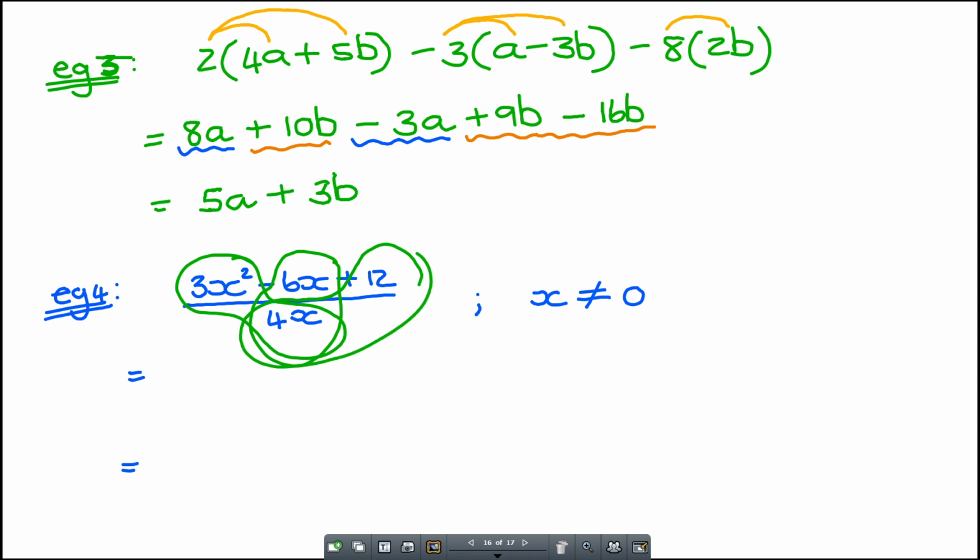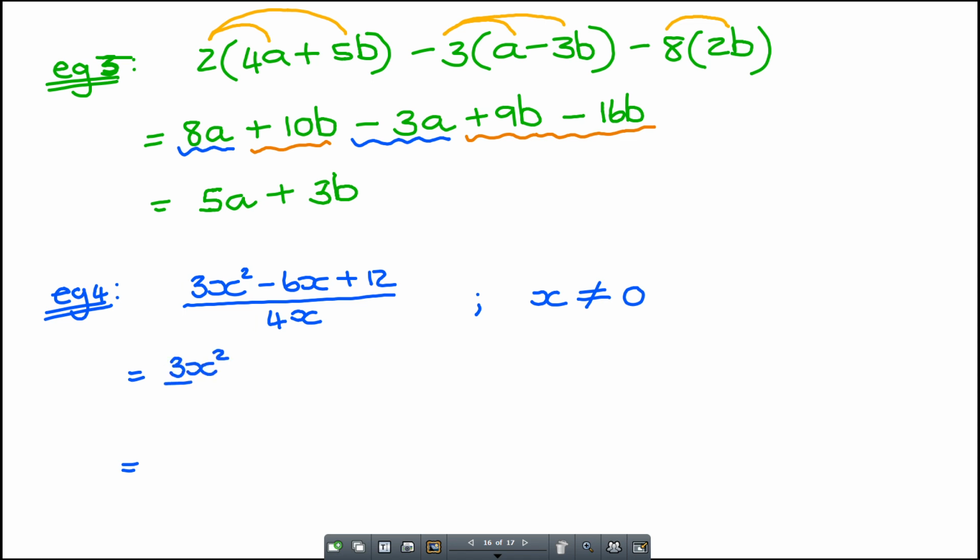We can do that. It's the same thing. So that's going to be your first step. Break it up. So we're going to have 3x squared over 4x, minus 6x over 4x, minus 12 over 4x. Good.